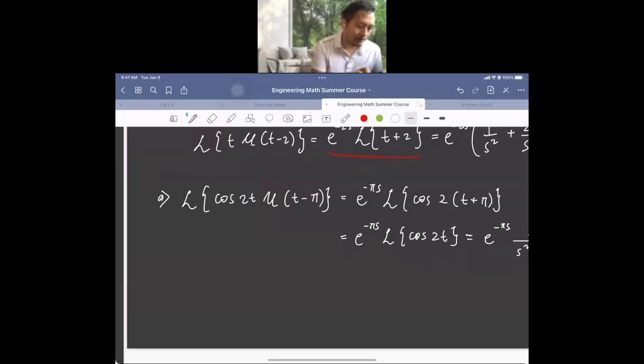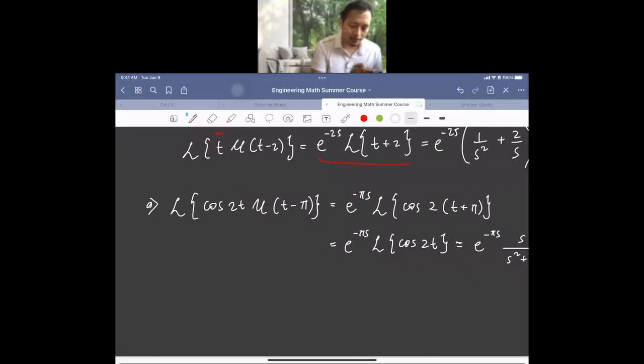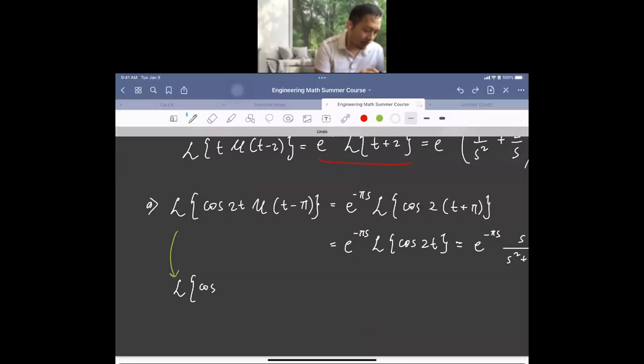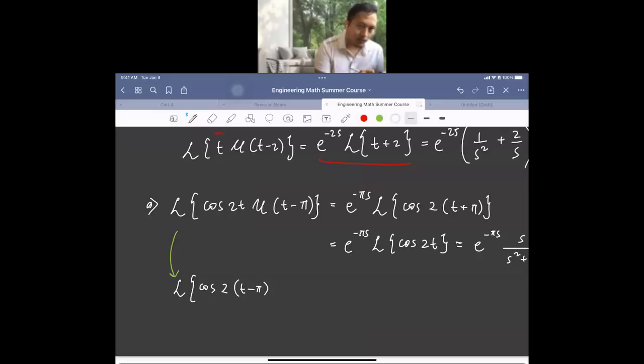Okay, now alternatively, besides going directly to these forms, we can write this Laplace and force it, using some trigonometric alternative forms. We can make it t minus pi, and then Heaviside t minus pi.